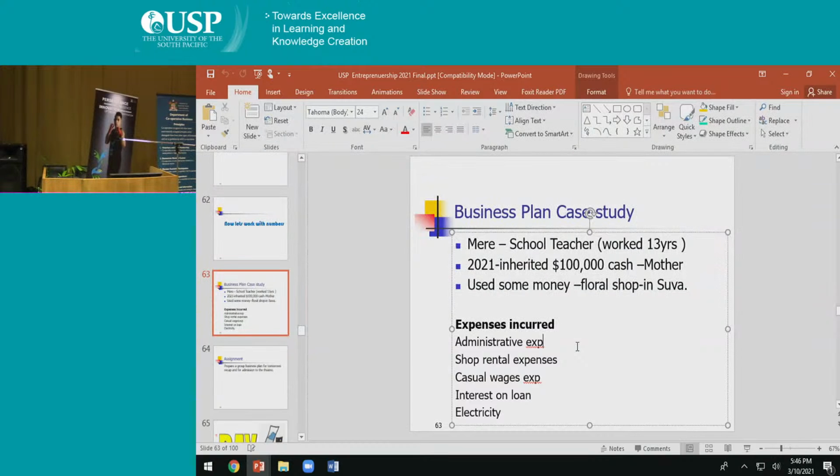Tomorrow, we'll learn balance sheet. So for those who will be presenting tomorrow, just present on profit and loss and cash flow. I think that's all for today, and thank you very much for your time.